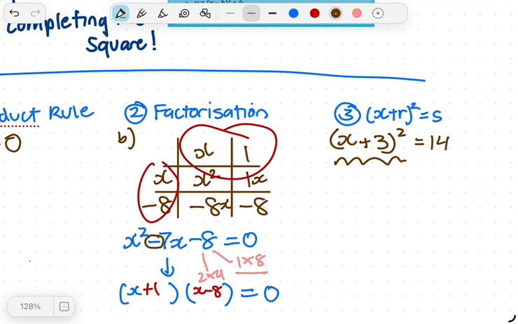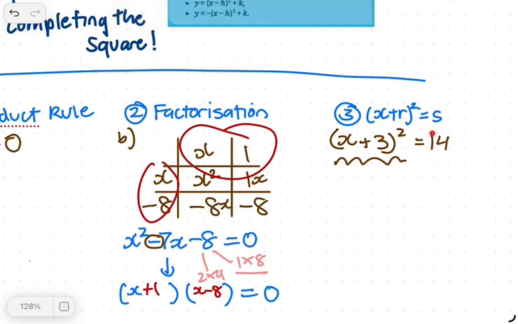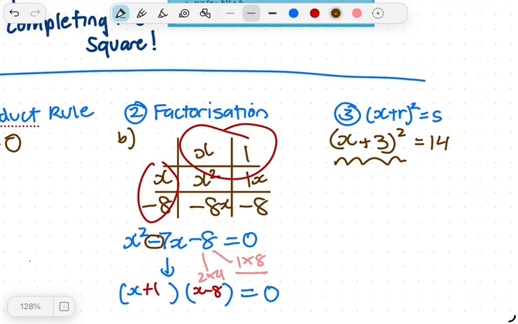Or can you just bring the square root over? So just bring the square root over. So you get x plus 3, and once you bring this over, you get square root 14. But now what most of you may get penalized for is the lack of this term.